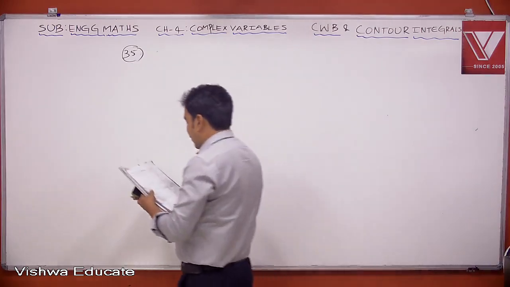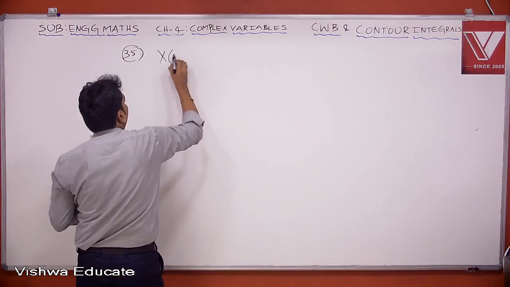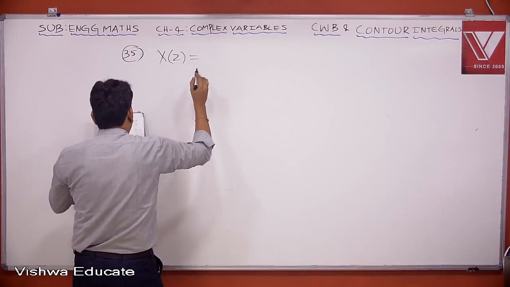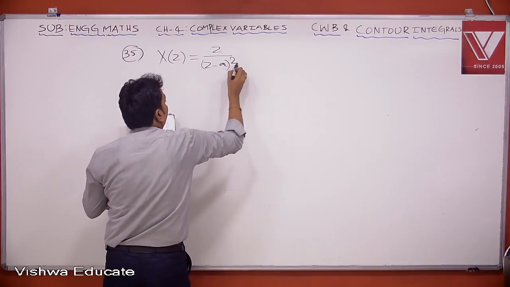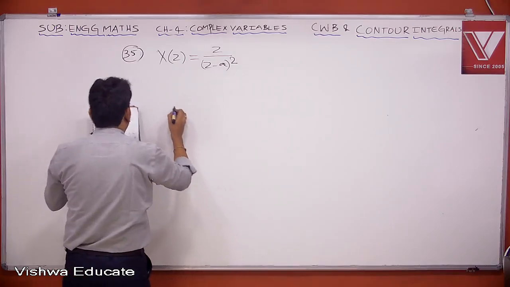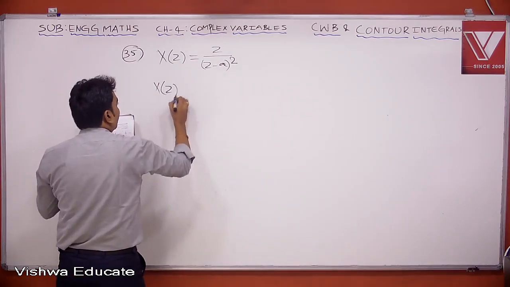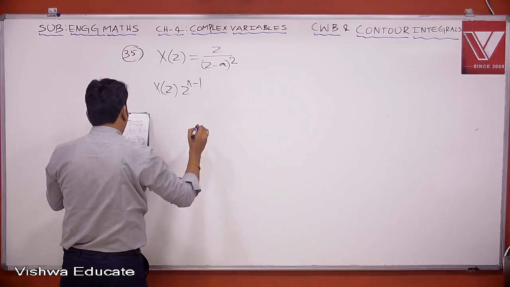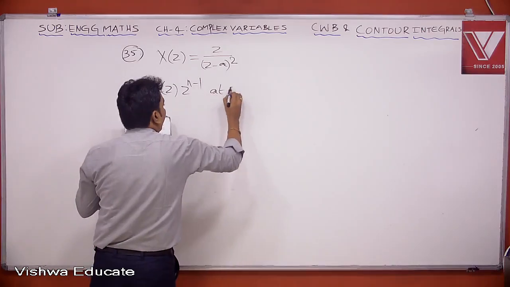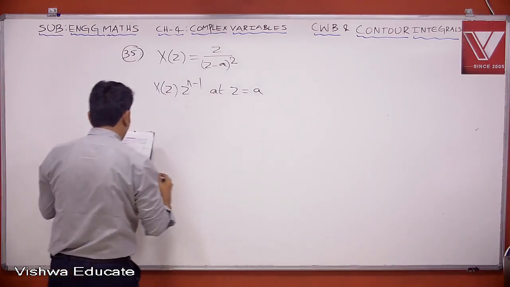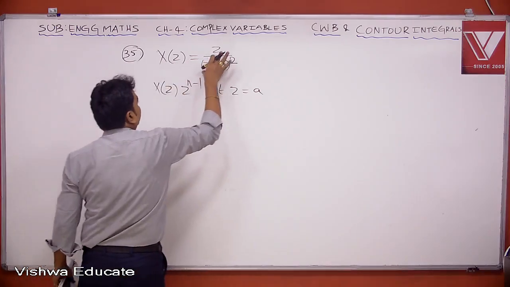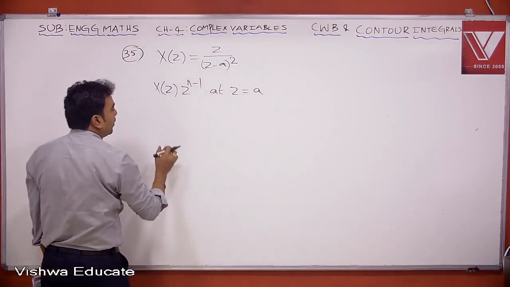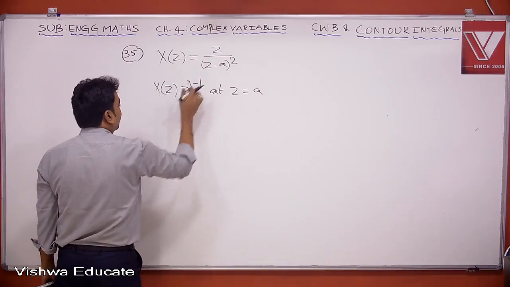Given x of z equal to z by z minus a whole square, then the residue of x of z into z power n minus 1 at z equal to a. So this is my function x of z, z by z minus a whole square, but they were asking residue of this function.